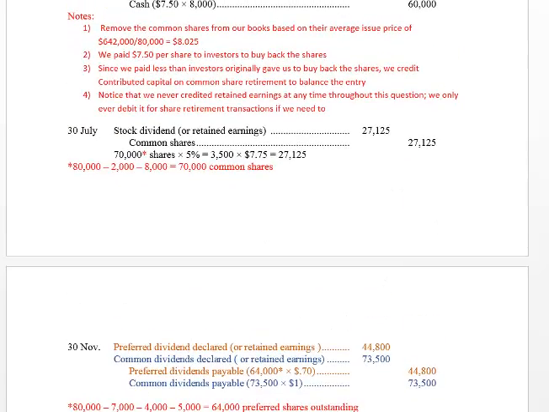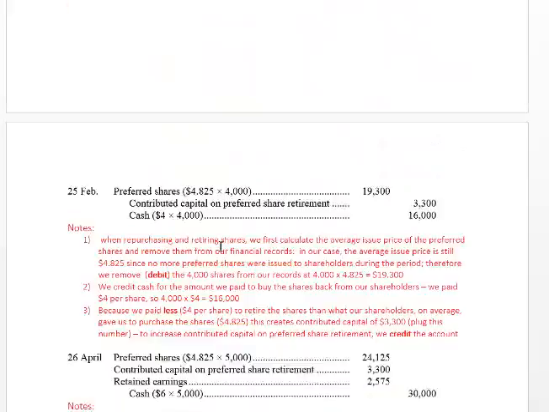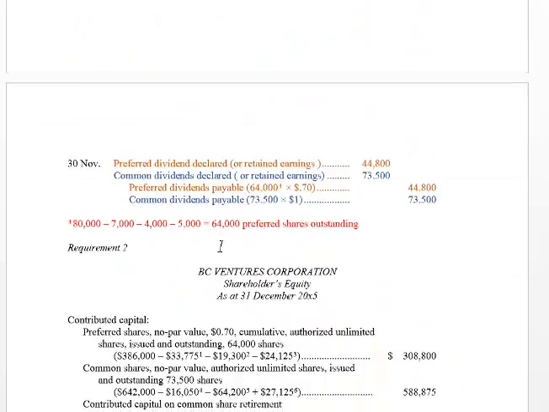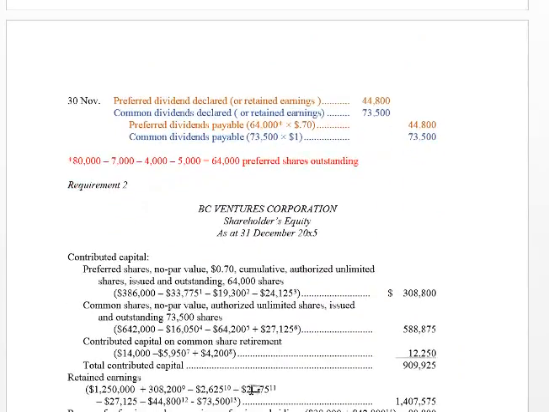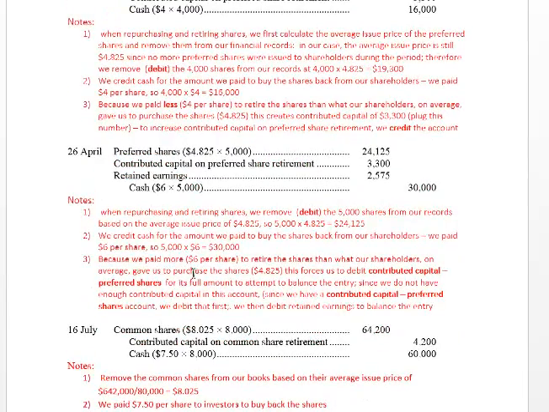On January the 15th, that was our first transaction. You'll notice because we didn't have any contributed capital on preferred share retirement at that time to debit, we had to charge it all up to retained earnings. You'll also remember, if you go down to the other entry here, 2575, when we made a retirement on April the 26th, we also had to debit retained earnings when we had another preferred share retirement.